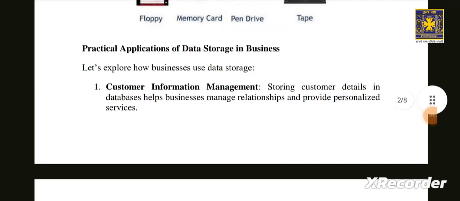Now let's talk about how businesses use data storage in their everyday operations. Data storage plays a crucial role in various aspects of business. Here we are exploring 5 practical applications where data storage plays a crucial role in business data processing.